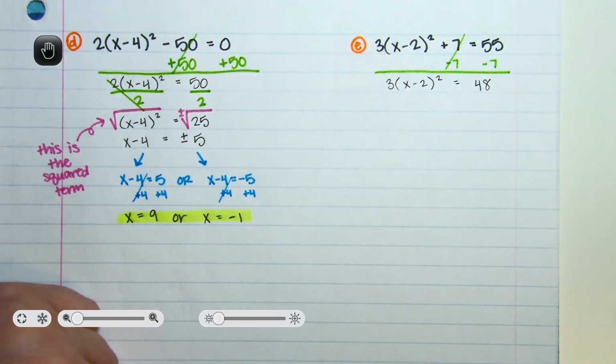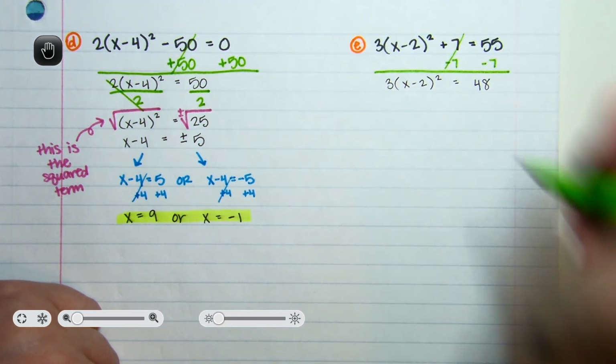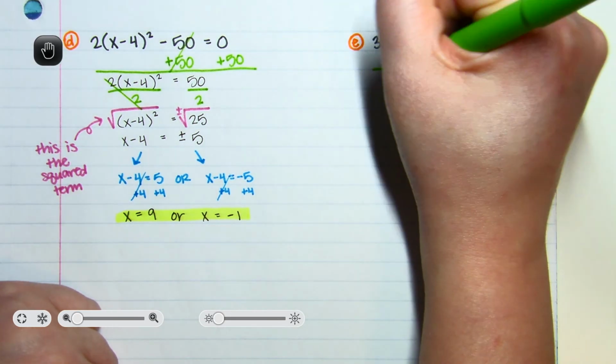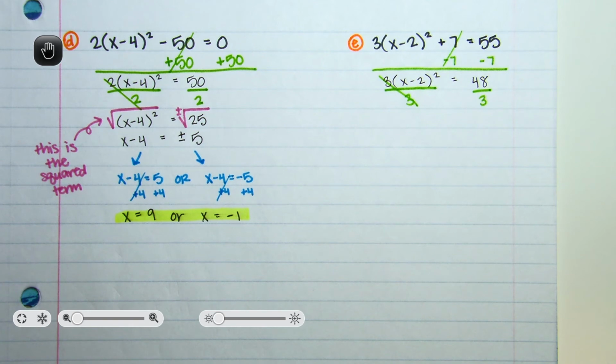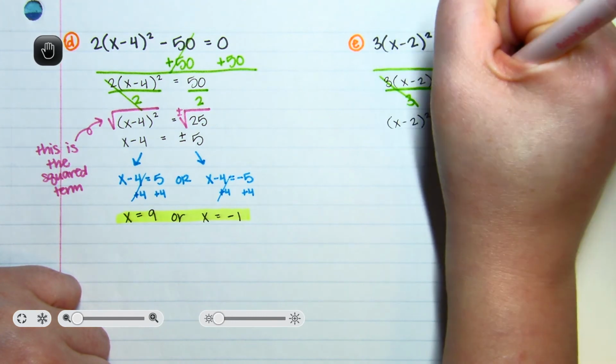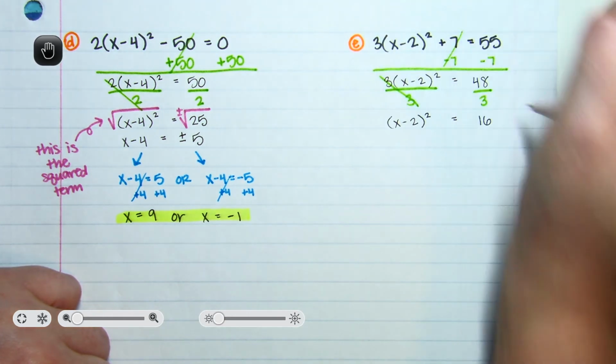Then what do we do next? You said divide both sides by 3. You are correct. Cancel out that 3 that's multiplied out in front. So then I will have x minus 2 quantity squared equals 16.